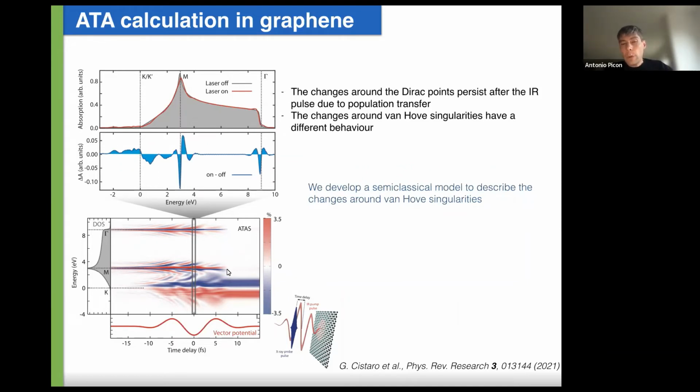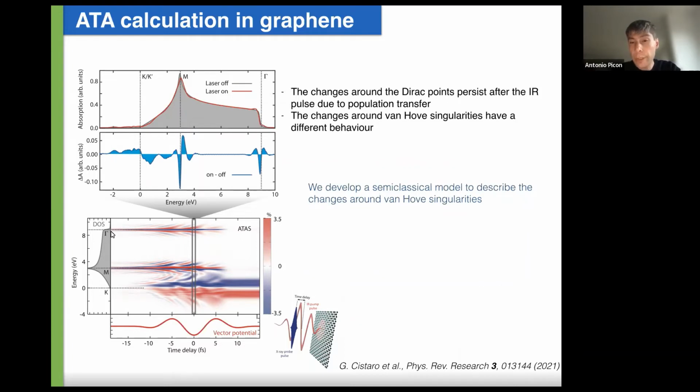So at the beginning, we were wondering why this is happening. Also, another interesting feature is that gamma is quite far from the K point. So this is like 90 eV. We are pumping with a 3 micron laser, so with the intensity we are using it is very difficult to actually populate this point.